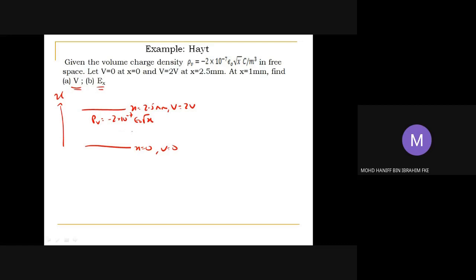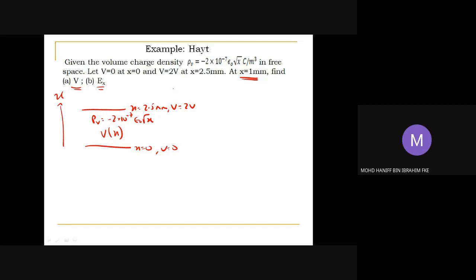We need to use Poisson's equation to solve for the potential inside this region, because the question asks us to find the V and the Ex at x equals 1 millimeter. 1 millimeter is inside this region, because the boundary is between 0 and 2.5 millimeter. So we need to find the V inside, which should be Vx.